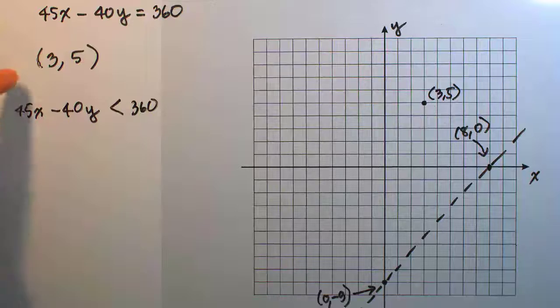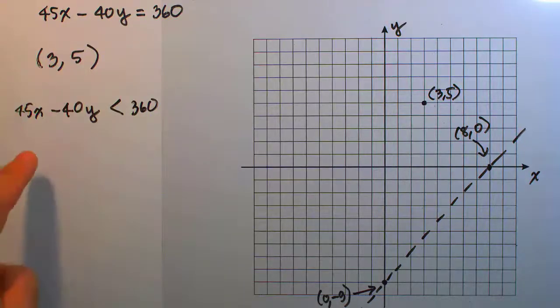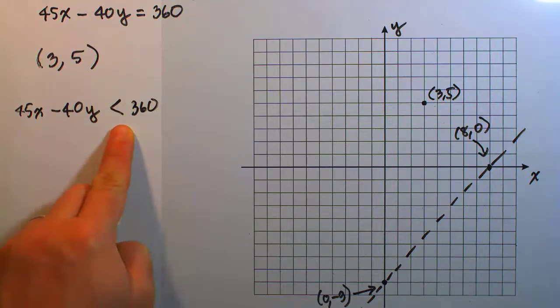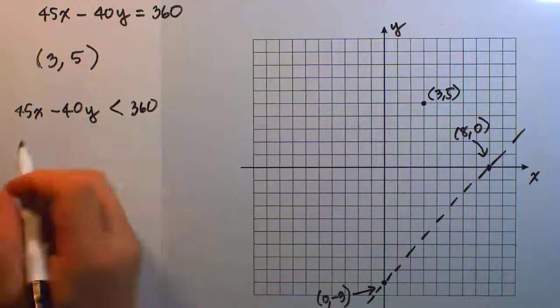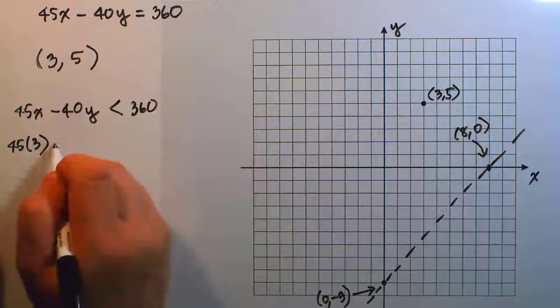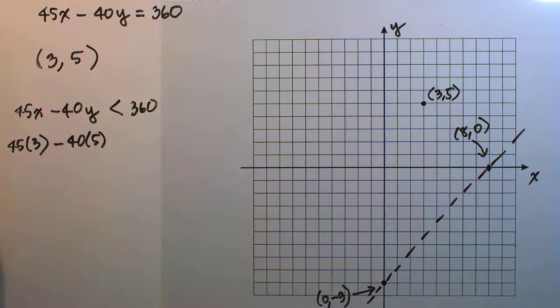So the plan about this testing point is that we substitute it into our left-hand side and see if we can still maintain the required inequality. So 45 times 3 minus 40 times 5 substituted in for y.